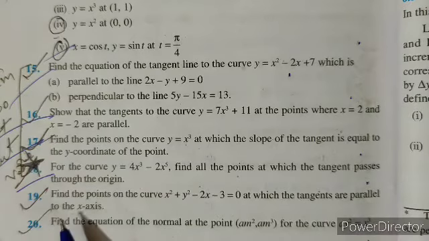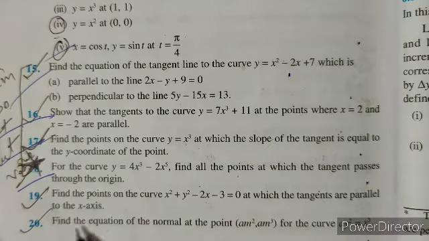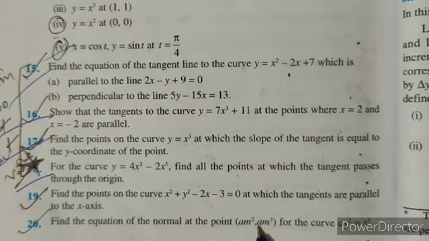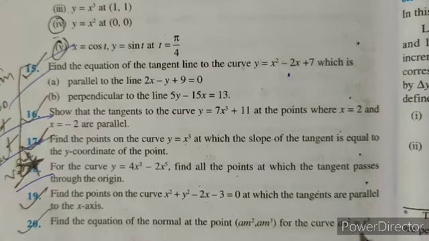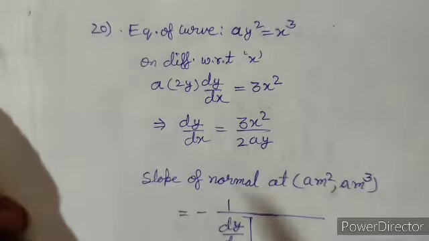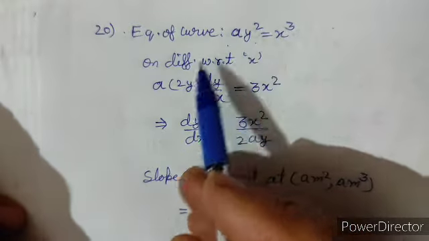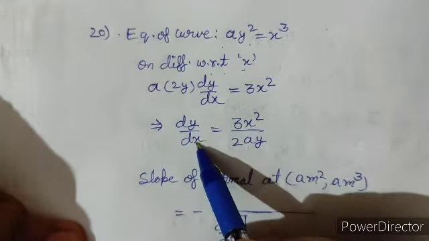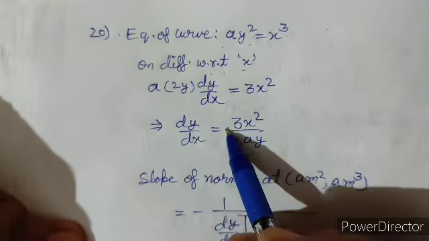Now in question number 20, find the equation of the normal at the point (am square, am cube) for the curve ay square equal to x cube. Now equation of the curve is given to us. On differentiating with respect to x, we will get dy by dx equal to 3x square upon 2ay. Now here we have to find the equation of the normal.